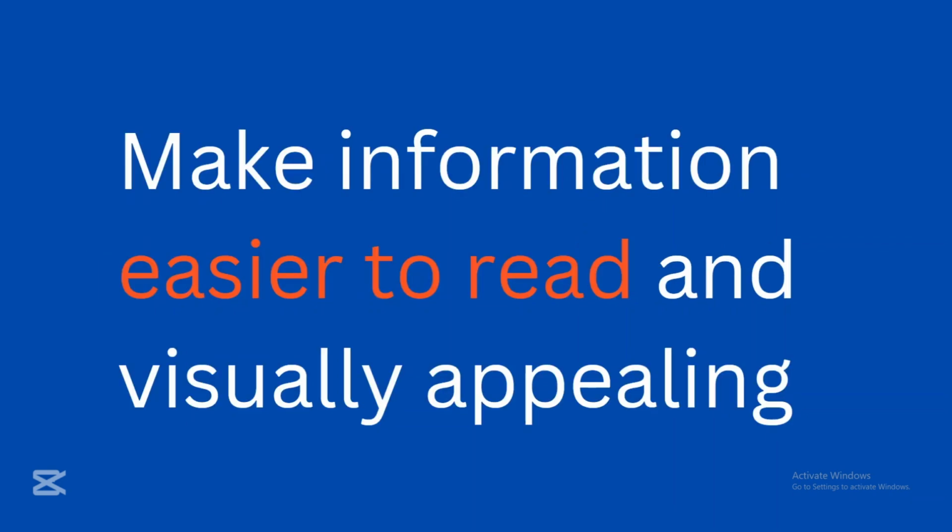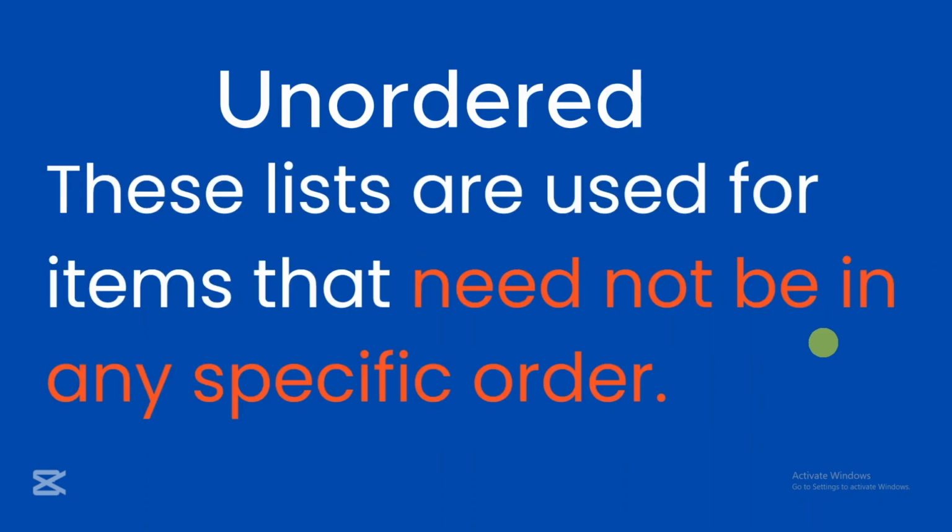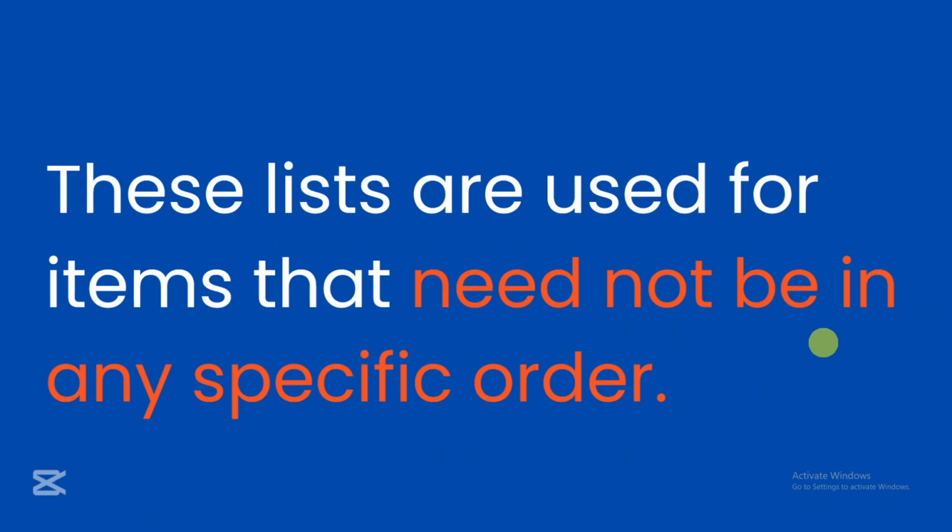Let's look at the type of list that we can have in our HTML document. We'll start with the unordered list. So what is an unordered list? Well, an unordered list is used to group items that do not need to be in any specific order.